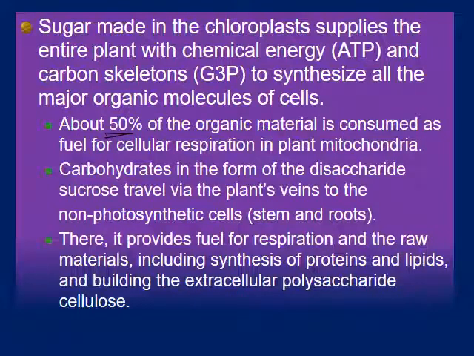The carbohydrates in the form of disaccharide sucrose travel via the plant's veins to its non-photosynthetic cells, i.e. cells that are underground that don't have access to sunlight, or cells that are too far into the plant. So if we're talking about a tree, cells that don't have access to the sunlight, that are closer to the center of the tree, those plants have to be able to get sugars as well, so they actually get it shipped in from the outer surface of the leaves.